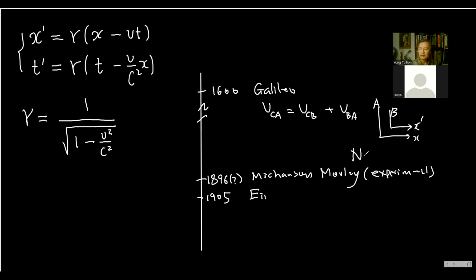Do you know the ether? No ether. In other words, the electromagnetic wave travels through space without a medium. There's no medium. This is called the EM wave, the electromagnetic wave.